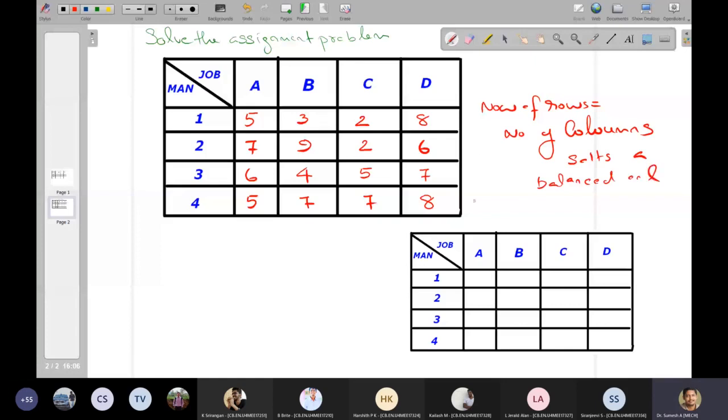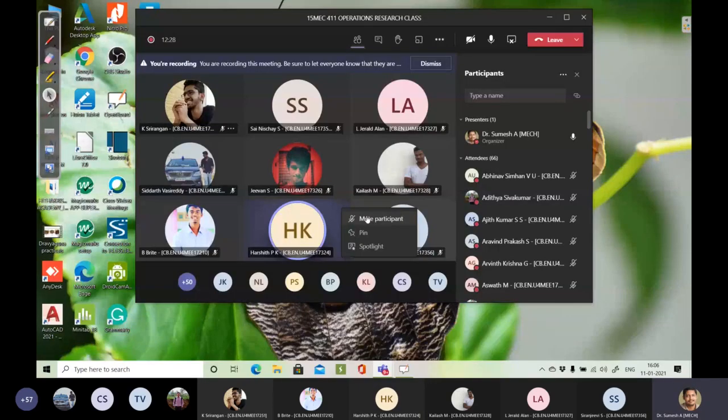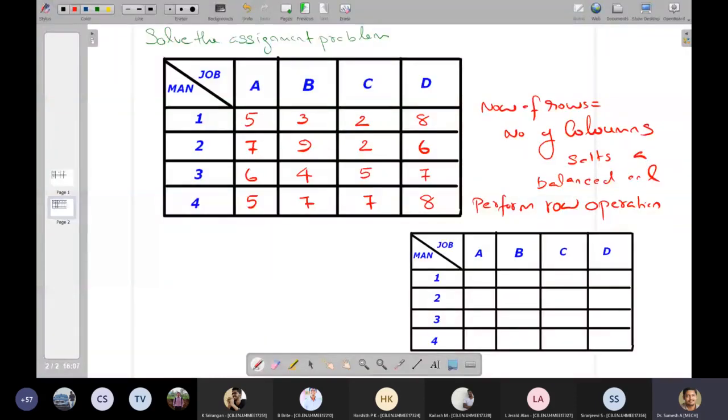Now the next step, perform the row operation. How do we perform the row operation? The lowest one from each row you need to subtract. So 2 is the lowest in the first row, so this will be 3, 1, 0 and 6.